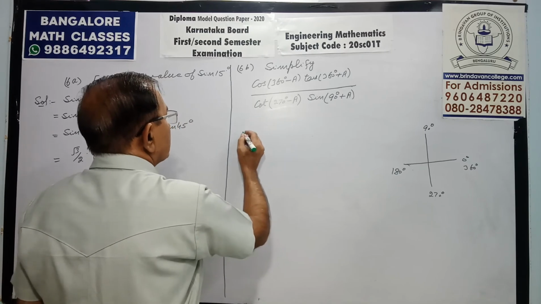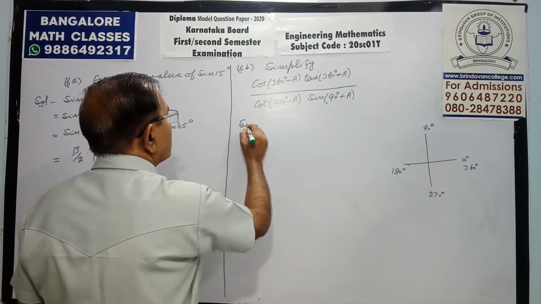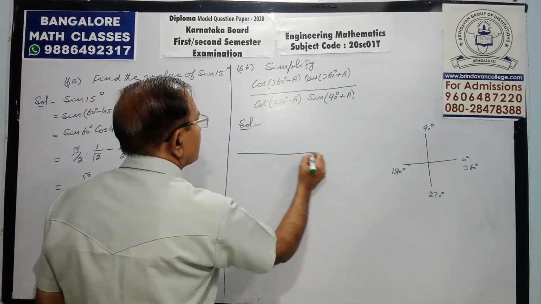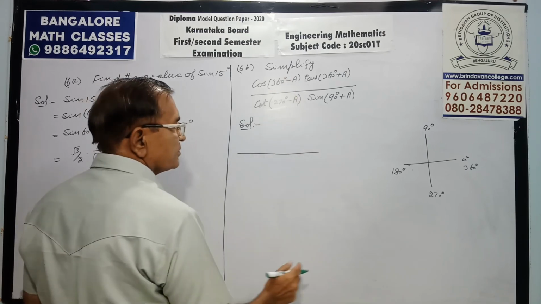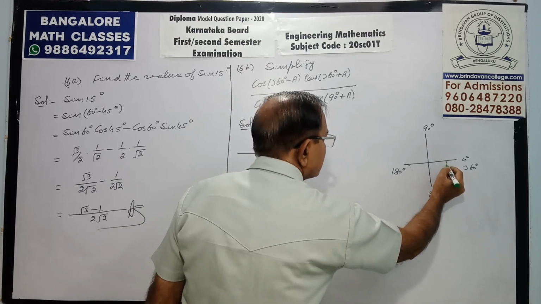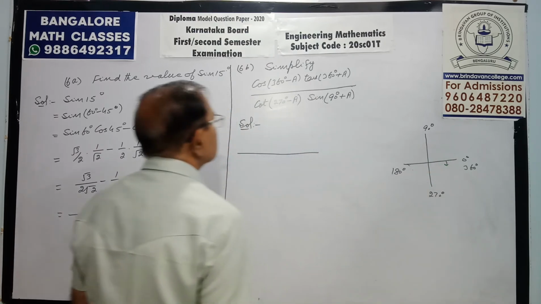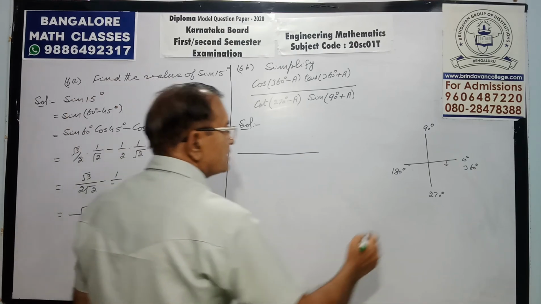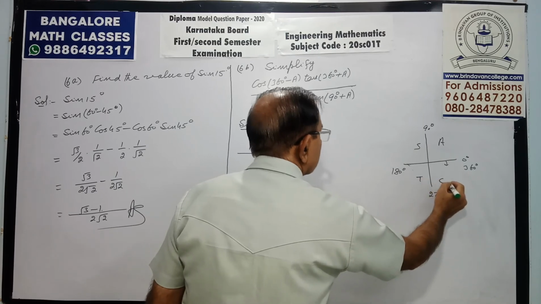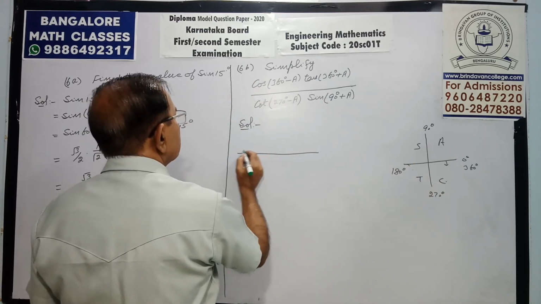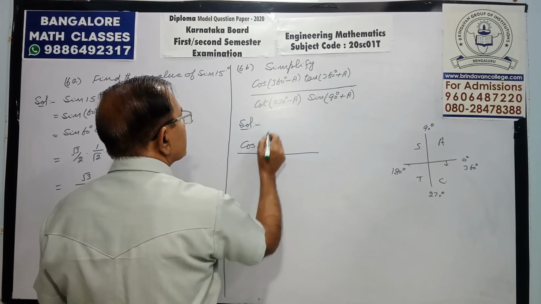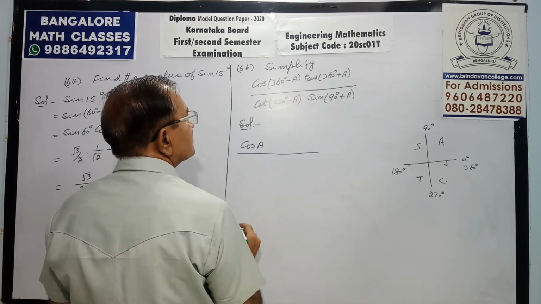Now its solution is cos 360 minus A. Cos 360 minus A, that is in fourth quadrant. In fourth quadrant, cos is positive. So thus it will be cos A. Here we will get cos A.